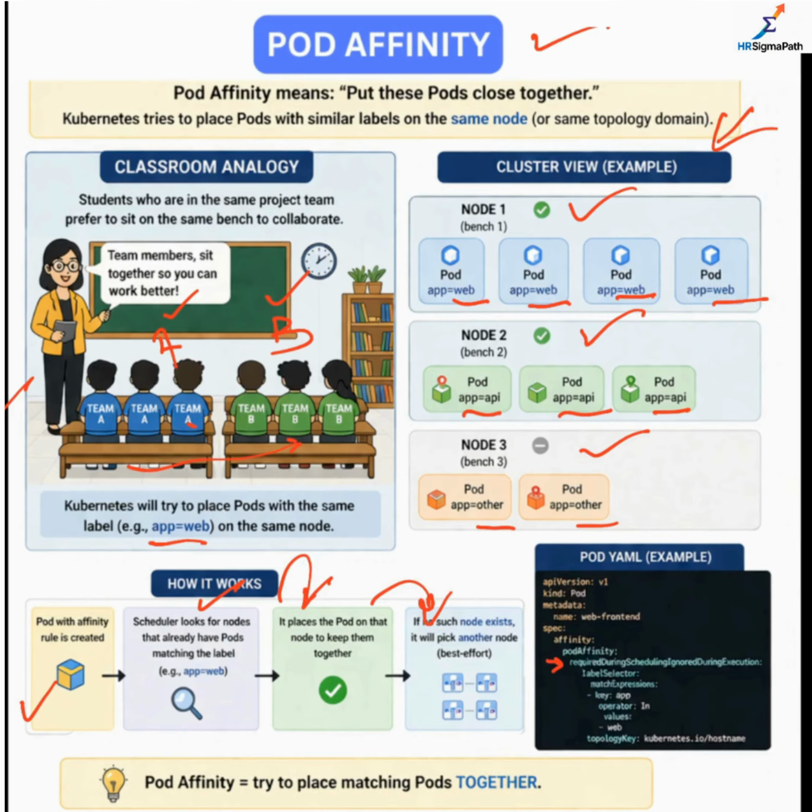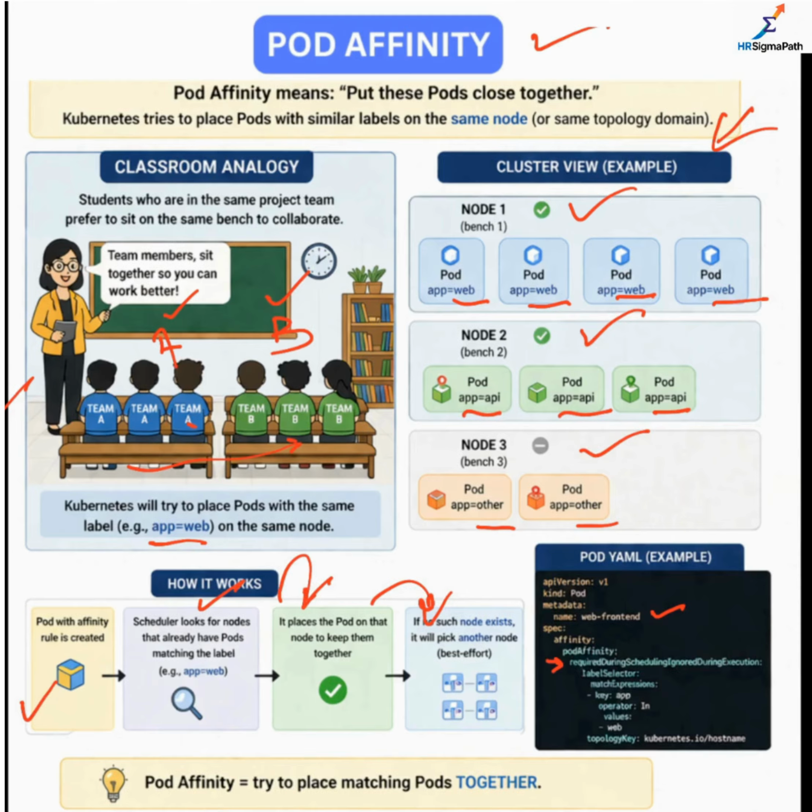So this is where we define the rule. We specify the label, like app equals to web, or app equals to API. These are the labels, and Kubernetes understands that this pod should be placed near other pods with the same label. Like here it is written web-frontend. So this is the label.